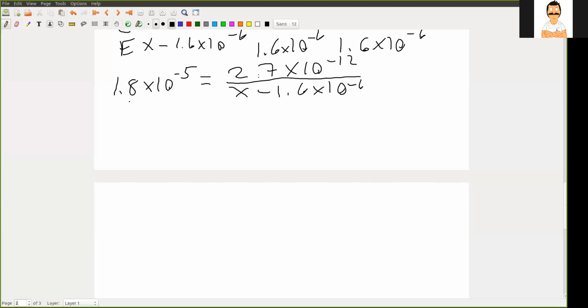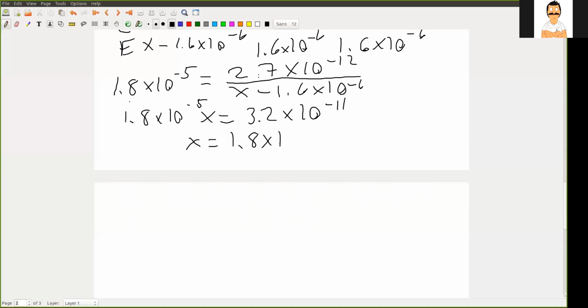Once you've gotten X on one side, you should end up with 1.8 times 10 to the minus 5 X is equal to 3.2 times 10 to the minus 11. So then X would equal 1.8 times 10 to the minus 6 molar, which is also equal to the concentration of ammonia.